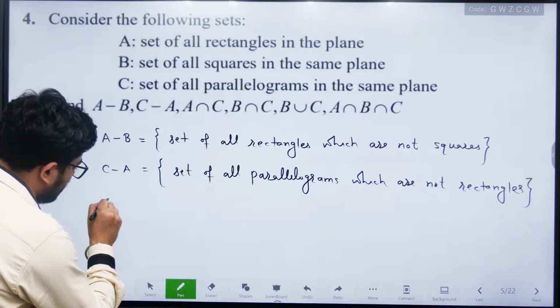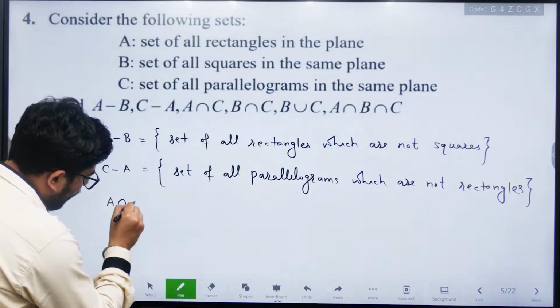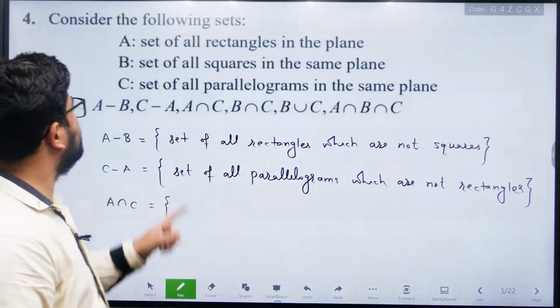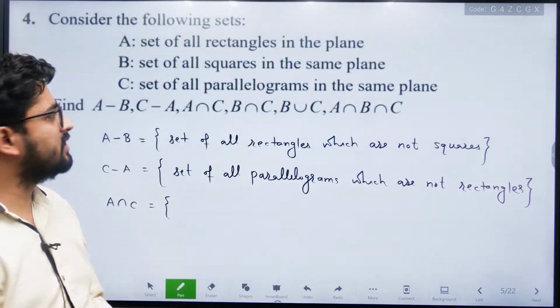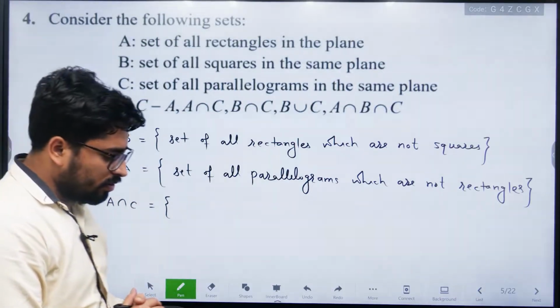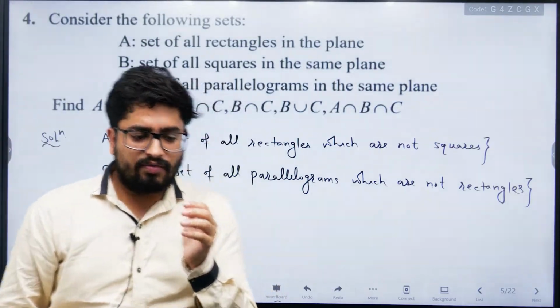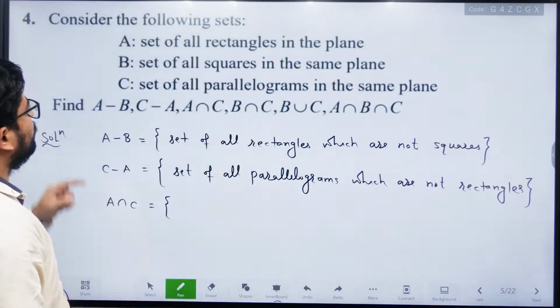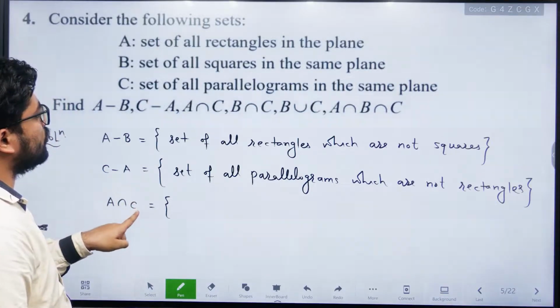Next one is A intersection C. If you observe, A is the set of all rectangles, C is the set of all parallelograms, and we know every rectangle is a parallelogram. Okay, so it means C intersection A is what?